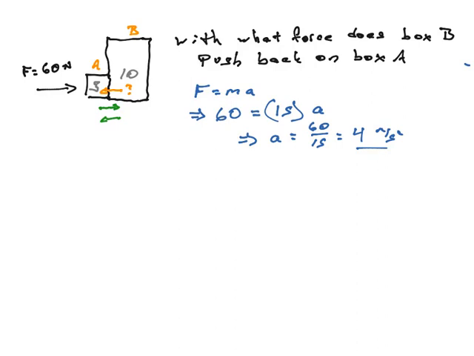They'll slide together as one thing. So that means this acceleration I just found is the acceleration of B, and it's the acceleration of A. They both have the same acceleration, and that is 4. So both boxes are going to feel an acceleration of 4. They move together.